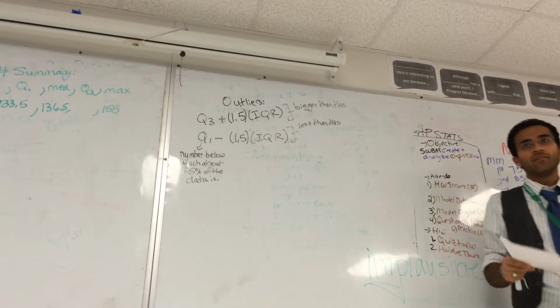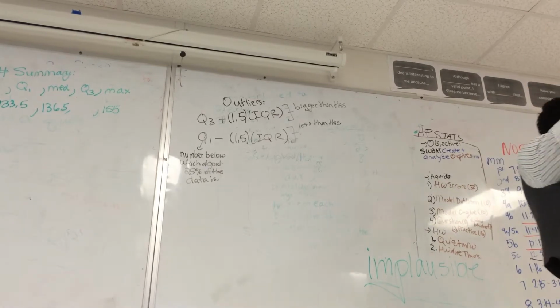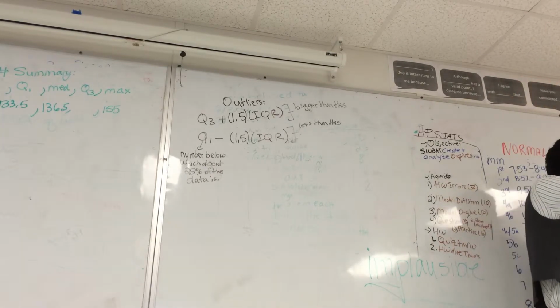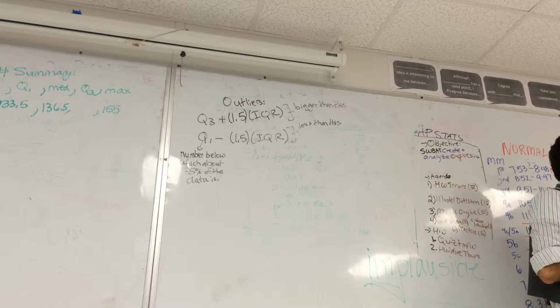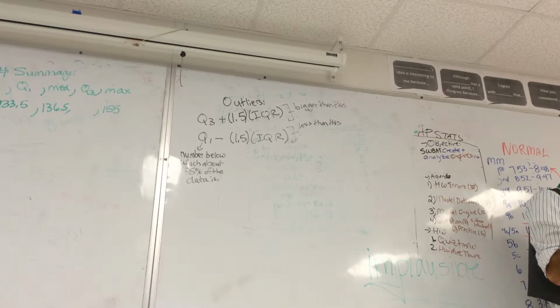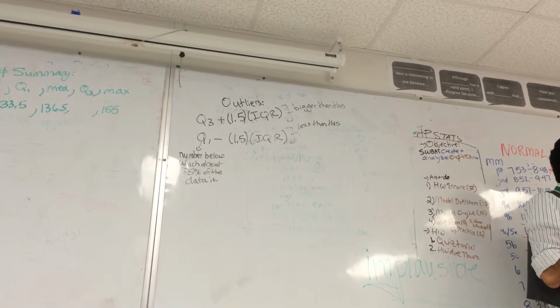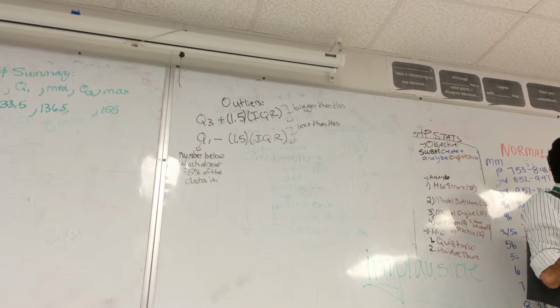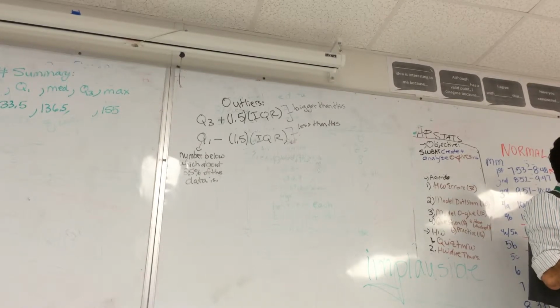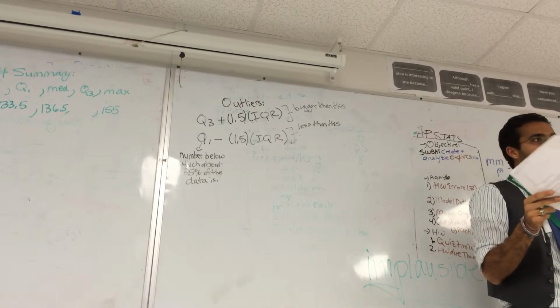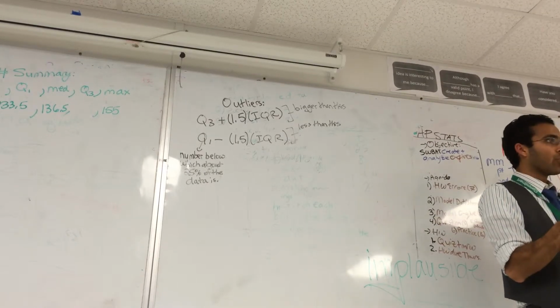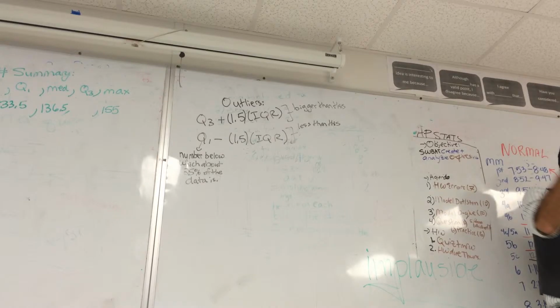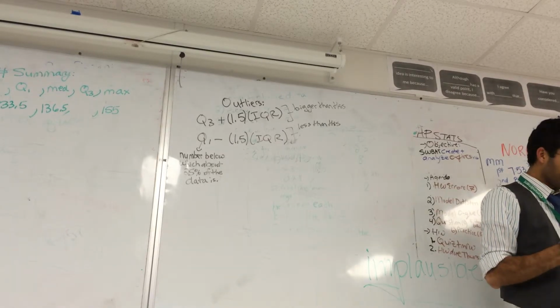Okay, good. 40 observations, 75% of that is? What's 75% of 40? 30, very good. So we need to find a number where 30 data points are below it and 10 are above it. Let's find that number.